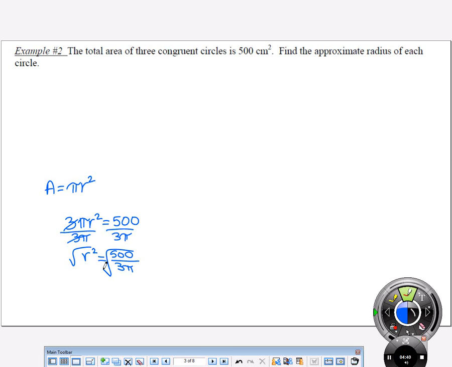Okay, so go ahead on your calculator and figure out what 500 divided by 3 pi is, and then the square root. You do have to be a little bit careful about how you enter this. If you do what Zeke said and you do what 3 pi is first, and get a number for that, and then do 500 divided by that number, you'll be fine. If you enter this in your calculator as 500 divided by 3 pi, your calculator may do 500 divided by 3 and then multiply it by pi.